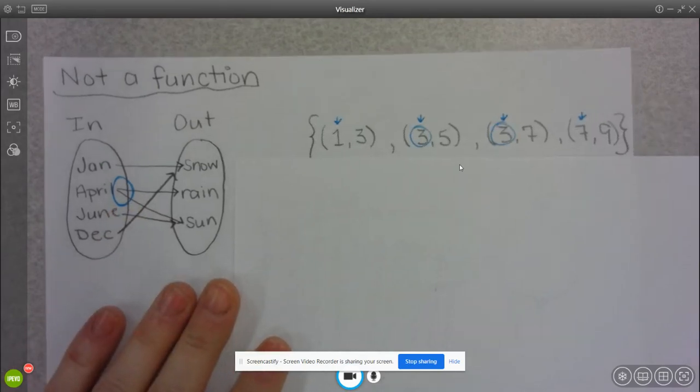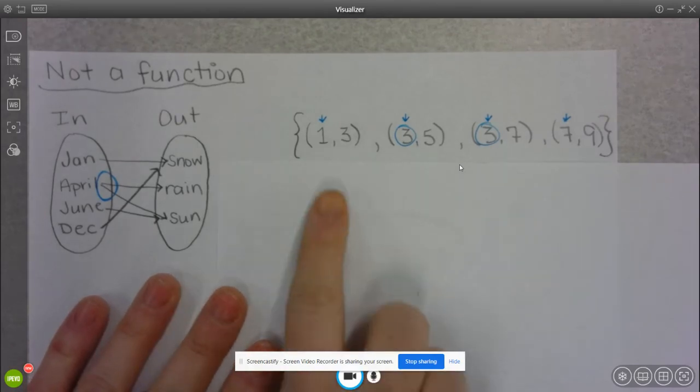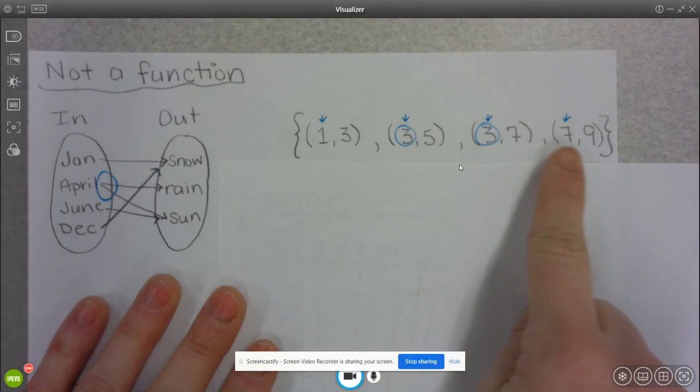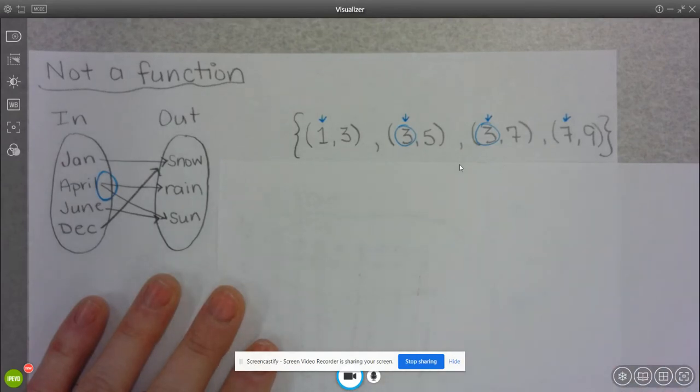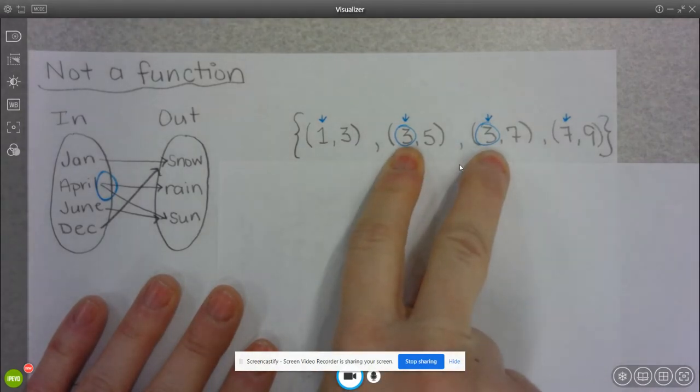If I'm looking at this list of ordered pairs here, I'm looking at the input value only, which is the first number in an ordered pair, or the first value in an ordered pair. Because I see 3 show up twice as inputs, this is not a function.